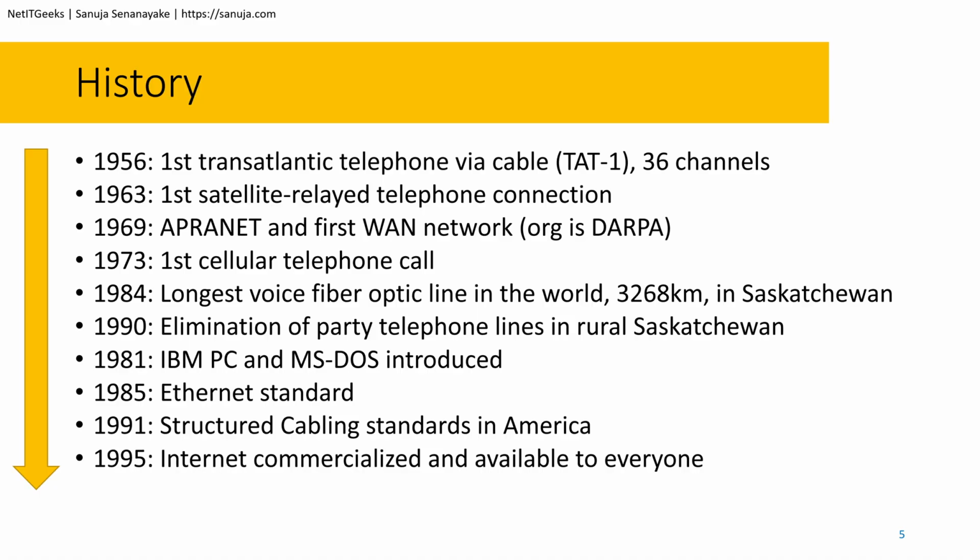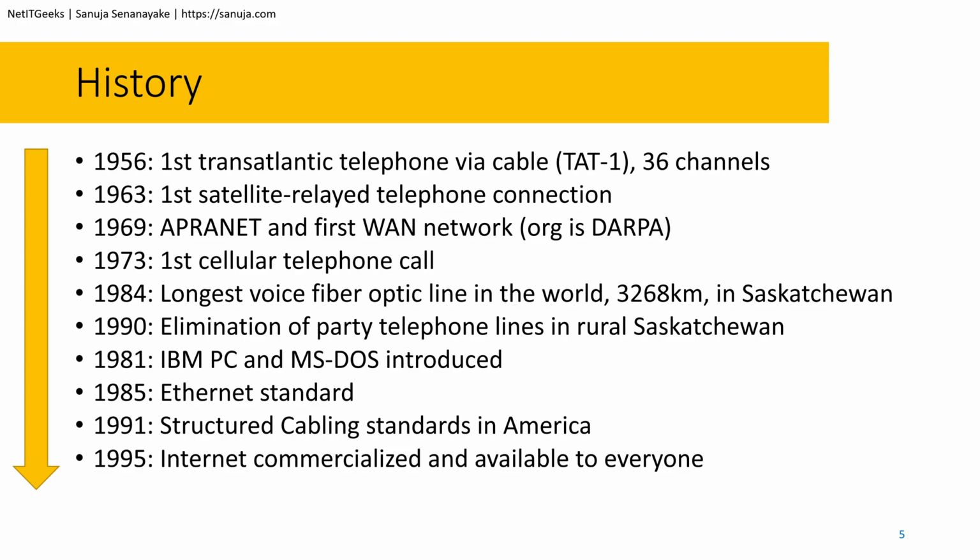In 1981, the IBM PC and MS-DOS were introduced. So that's another turning point in modern day IT network cabling infrastructure, because this is where personal computers and MS-DOS became a very important factor in how cabling standards would be defined for end users.